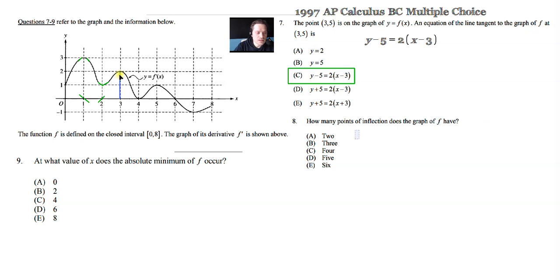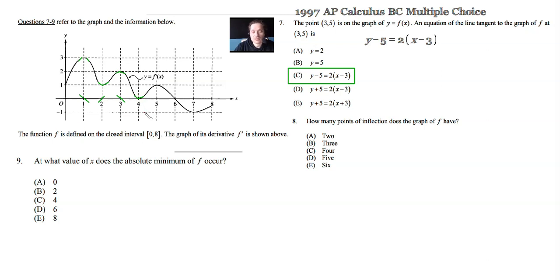Next one, at 3 itself. Let me just move the segment out of the way here. Here it is going up, and then here it is going down, which means the second derivative would be positive and then negative, so on the original there's an inflection point. Same thing at 4: it's going down, then going up. Let me make that in red.